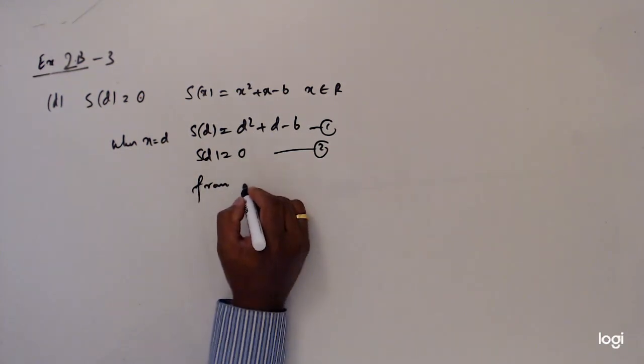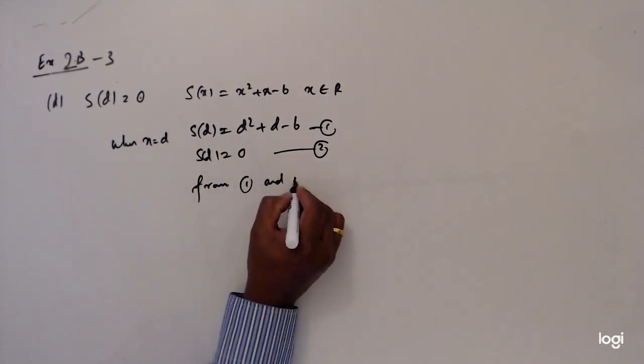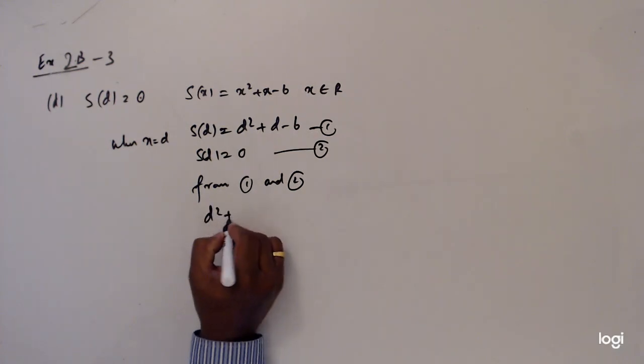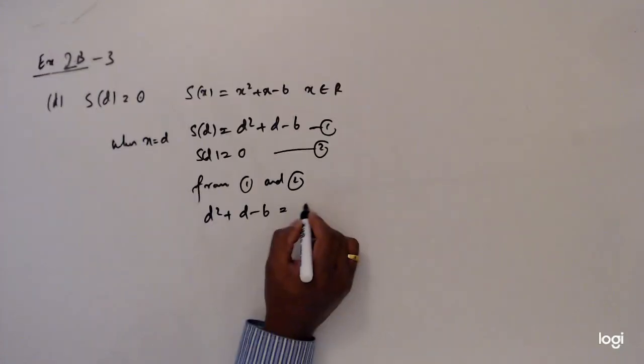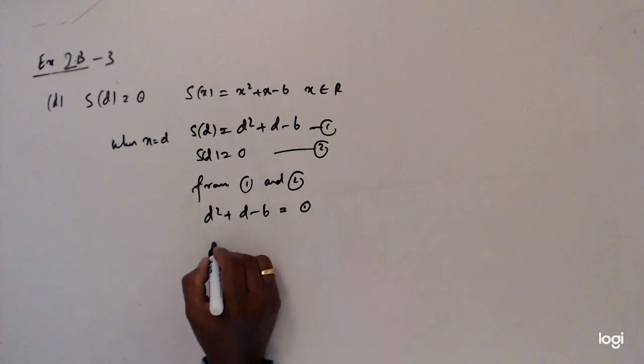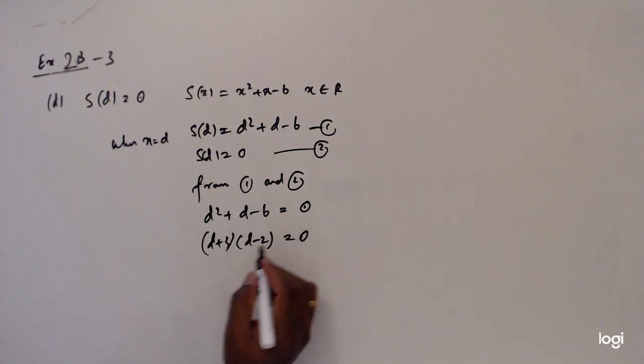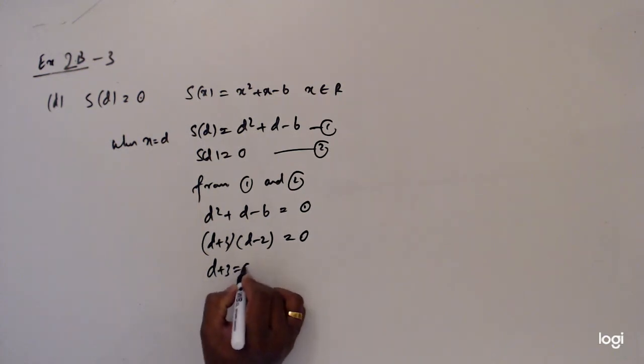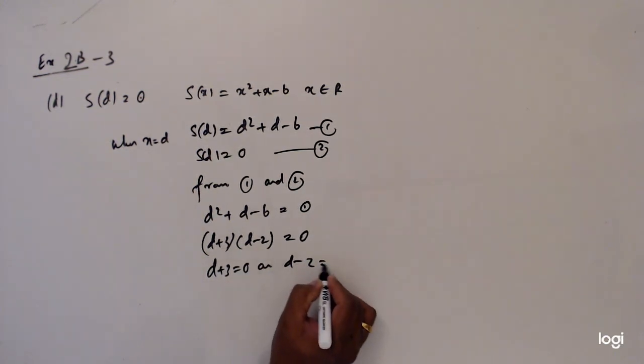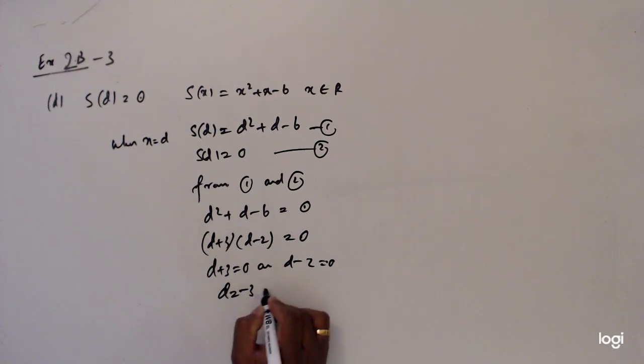From 1 and 2, d squared plus d minus 6 equals 0, (d plus 3)(d minus 2) equals 0. d plus 3 equals 0 or d minus 2 equals 0, d equals minus 3 or d equals 2.